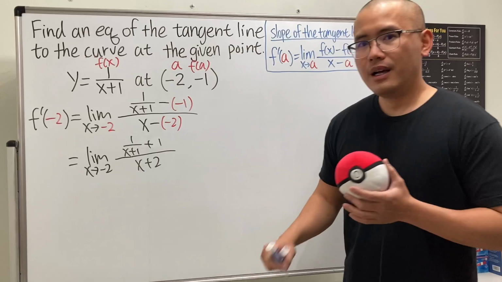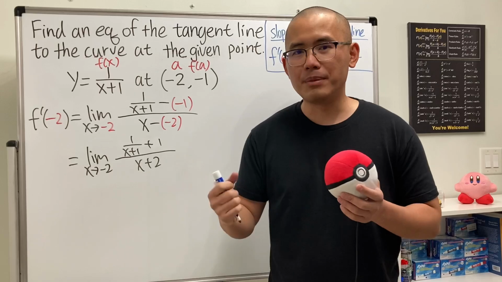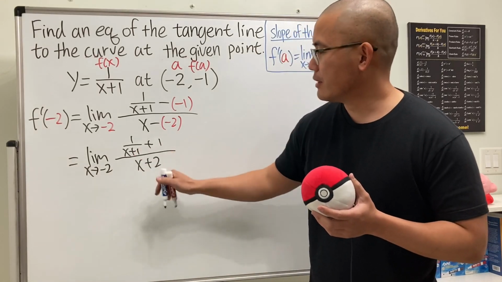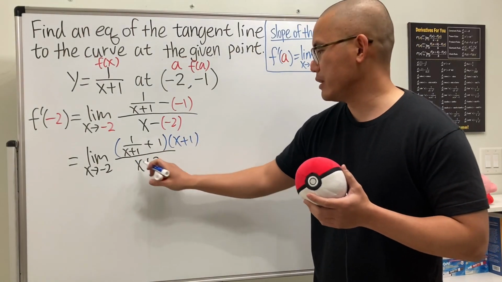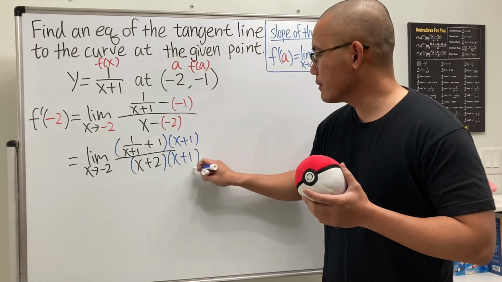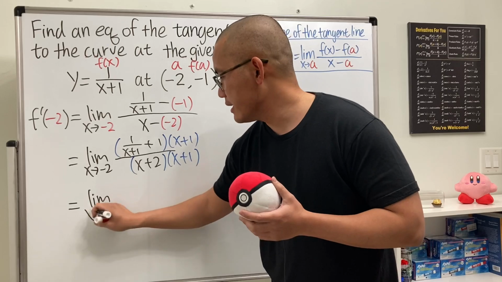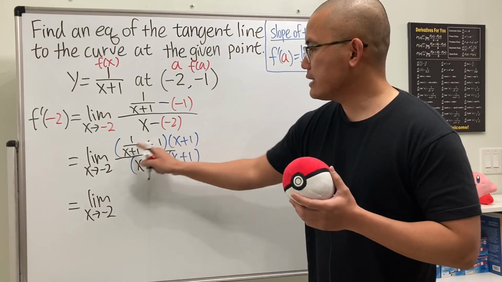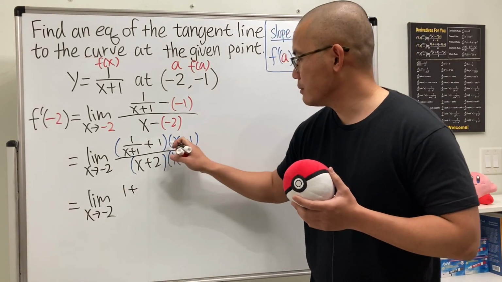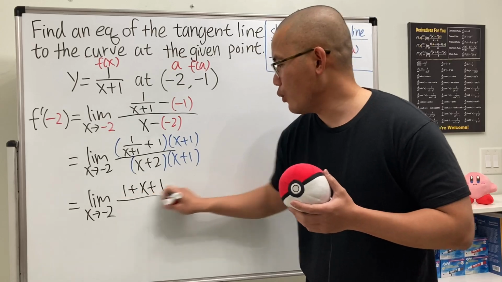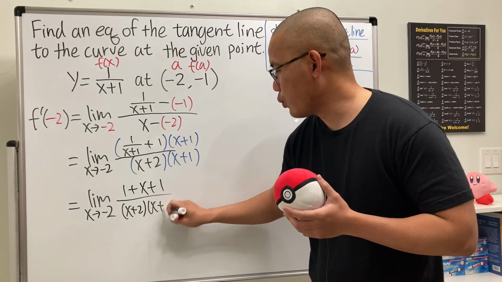When we have a complex fraction in this situation, let's go ahead and multiply the top and bottom by this denominator. So multiply the top and bottom by x plus 1, because that's the only small denominator. That's all we have to do. Okay, here we will have the limit as x approaching -2. This times that is just reduced to be 1. And then this times that, we get plus this, which is x plus 1, over the same thing on the bottom, x plus 2 times x plus 1.